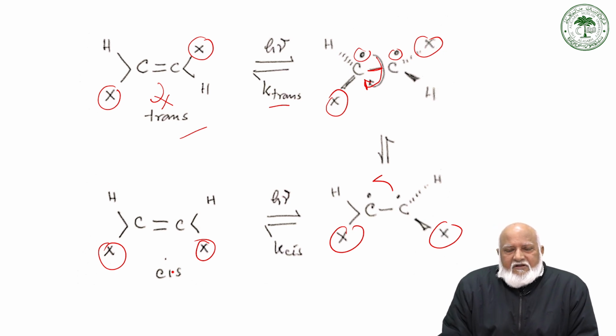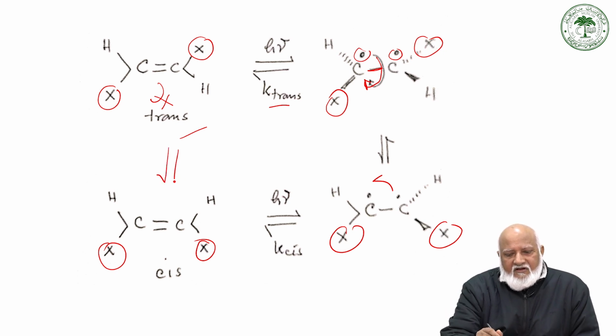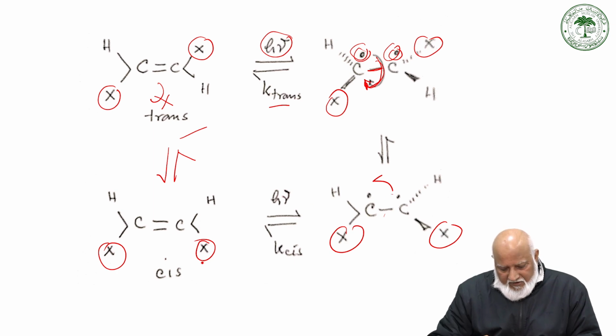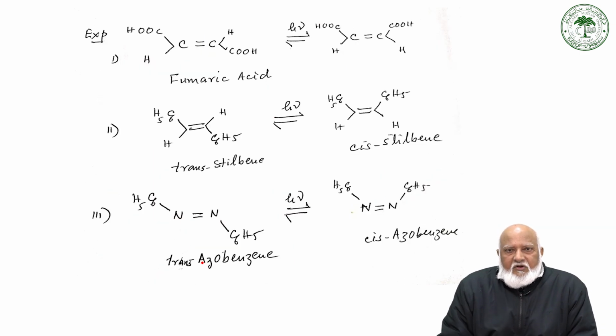So, this is a simple schematic representation of photochemical cis-trans isomerization of alkene, where a trans isomer is converted to a cis isomer. The trans isomer on absorption of light goes to an excited state, which leads to a loss of double bond character, formation of a diradical species, free rotation is possible, and then the coupling of this radical can lead to the cis isomer. This slide shows a few representative examples of cis-trans isomerization of alkene.